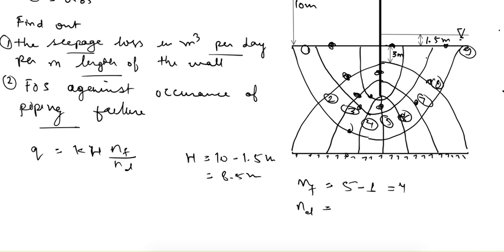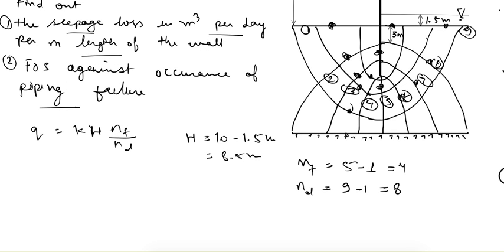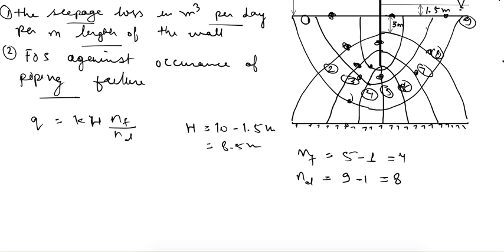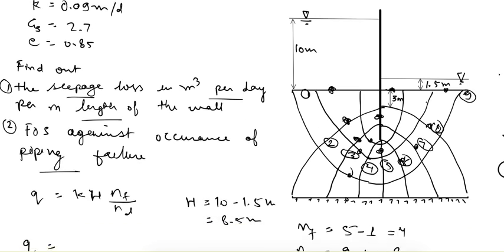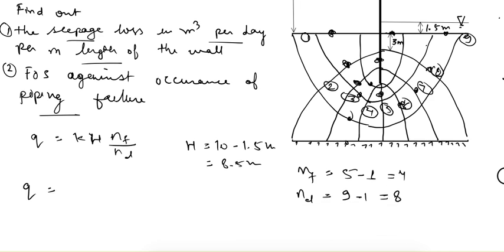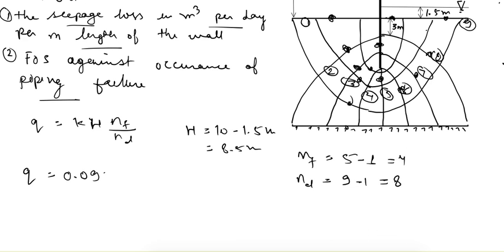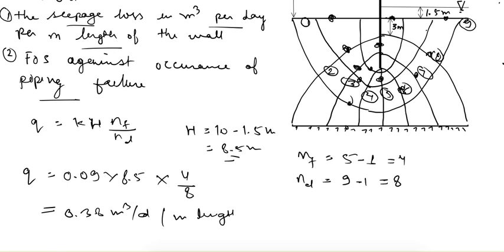So equipotential drops will be 9 minus 1, that is 8. Putting these values here, seepage loss will be K is 0.09 meter per day, 0.09 into total head 8.5 meter, and NF by ND is 4 by 8. It comes out to be 0.38 meter cube per day per meter length of the wall.